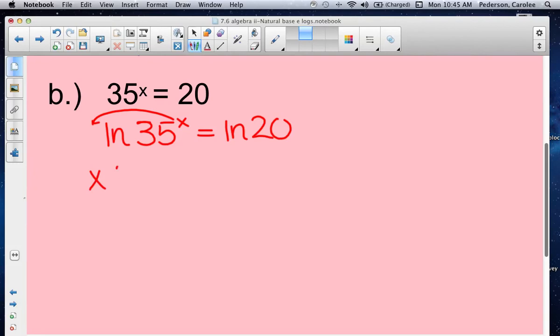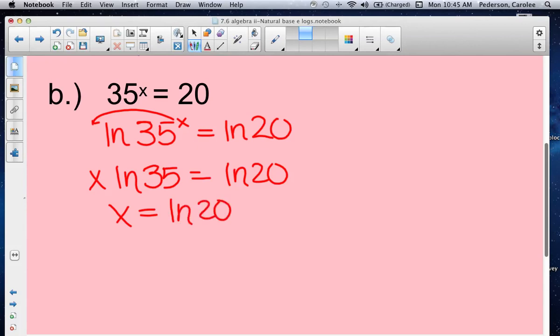So we have x times natural log of 35 equals natural log of 20. Then we can undo that natural log of 35, so we divide both sides by natural log of 35. Now with our calculator, enter in the natural log of 20 divided by the natural log of 35. And we get approximately 0.842.